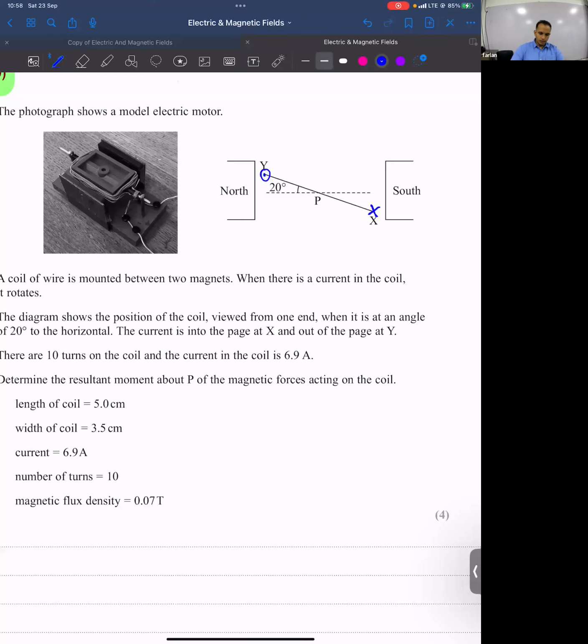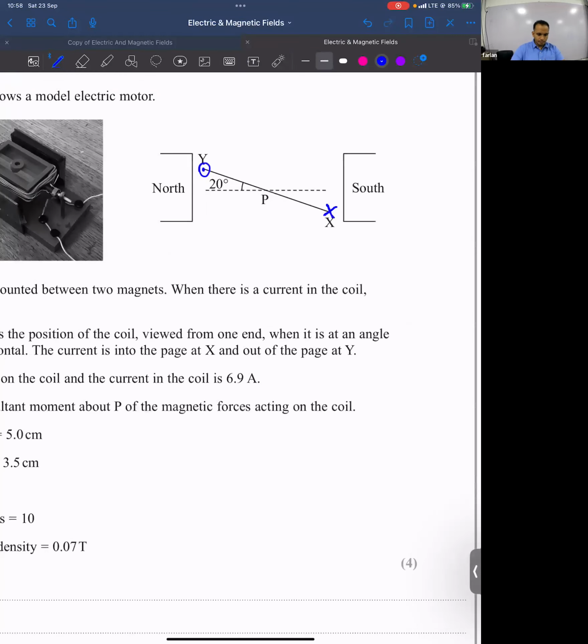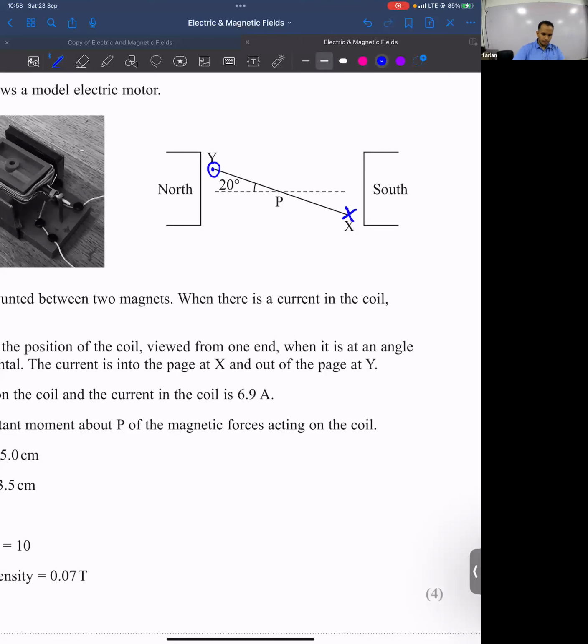So guys, if I use Fleming's left hand rule for the wire which is passing through X, the magnetic field is this way. If I use Fleming's left hand rule, current is into the page, so the force on this will be downwards. For the wire which is connected to the point X, the force is downwards.